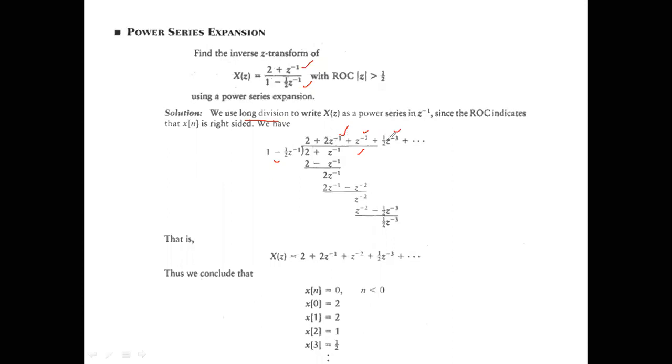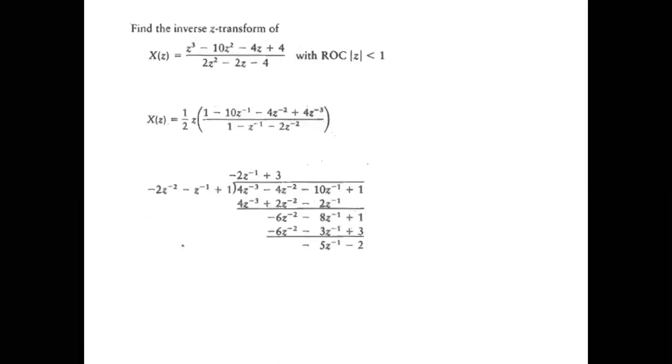How are you going to do it? See the clever way the author has written the divisor and the dividend. You see here, 2 is first, then plus z to the power minus 1, then 1 minus 1 by 2 z to the power minus 1. Remember the previous class? In the previous class, in the long division, we also had a similar question.